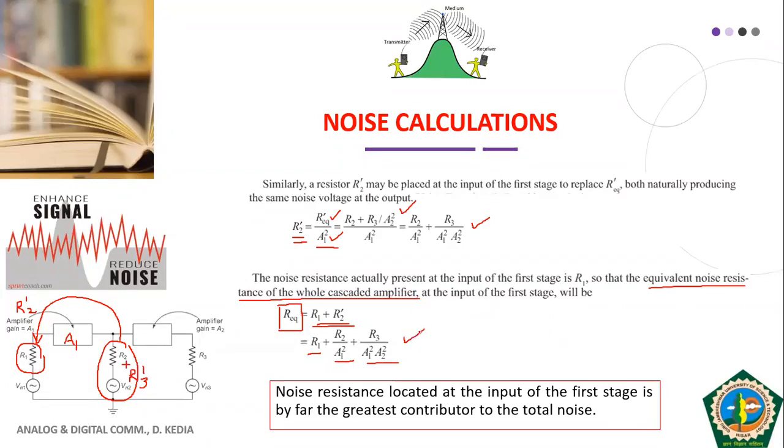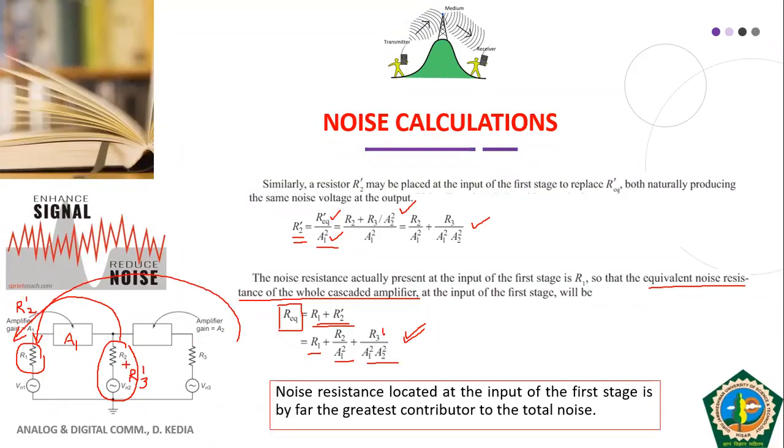And this expression is quite clear just by looking at it. Whatsoever be the number of stages in any cascaded amplifier, we can find out the equivalent noise resistance expressed at the input of this cascaded amplifier. So see, R3 has been shifted twice, first at the input of A2 and then A1.